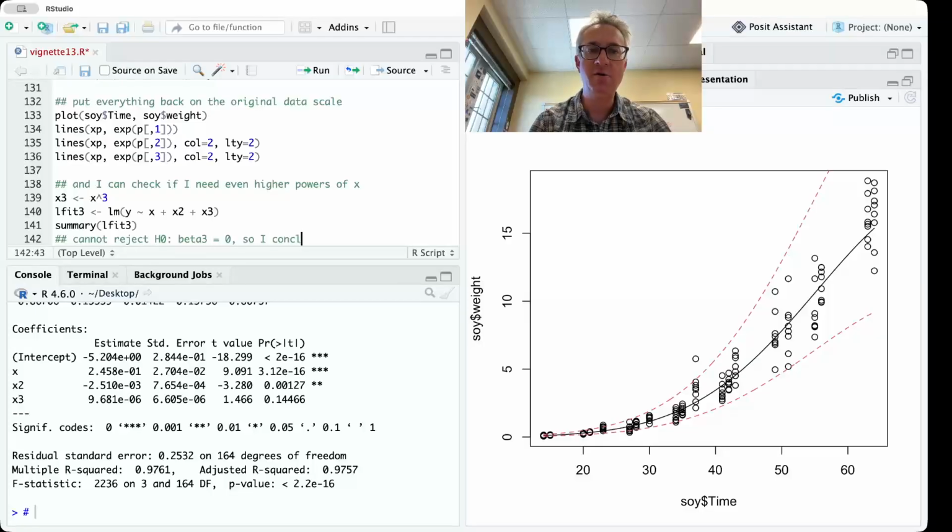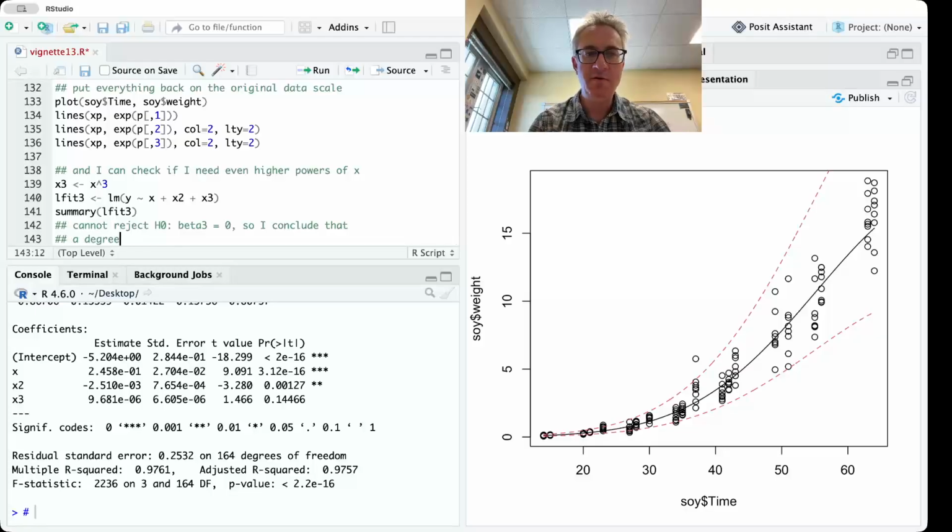So I conclude that a degree 2 polynomial is sufficient for modeling these data. So there you go. Polynomial regression involves doing a linear regression with new features that are derived from powered up versions of the original predictor, x.